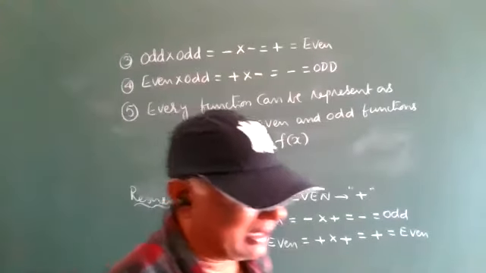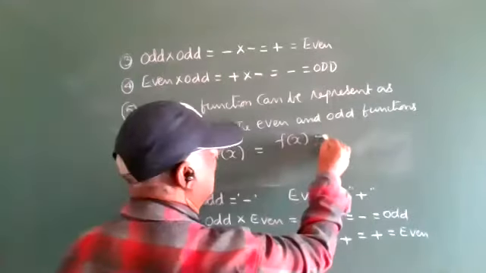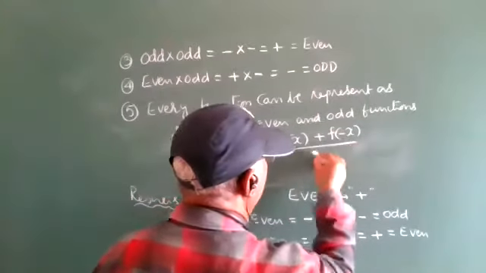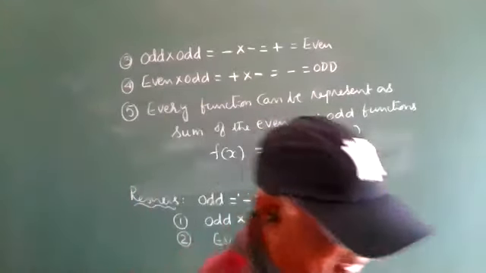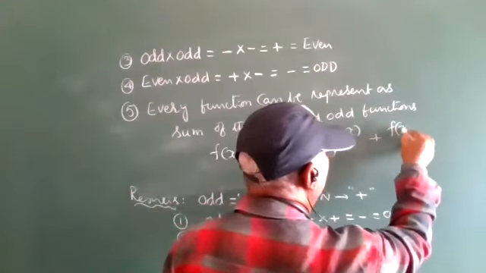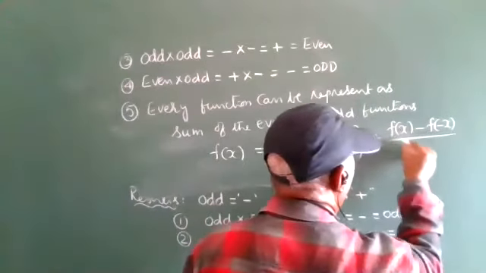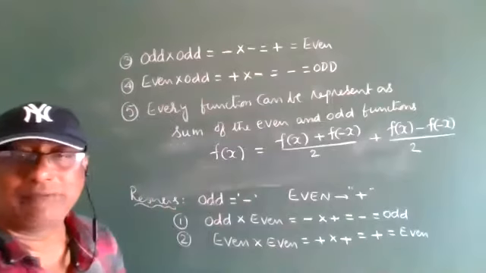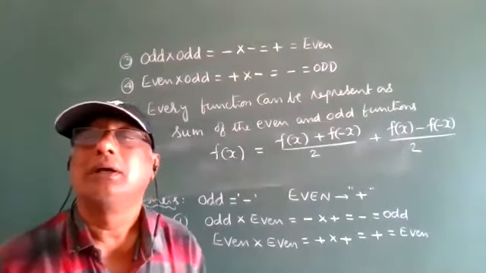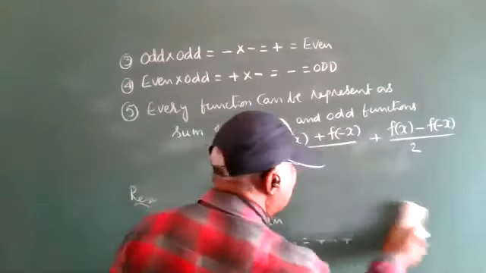Now we can write every function as f of x plus f of minus x by 2, plus f of x minus f of minus x by 2. Now add these two, we get f of x only.